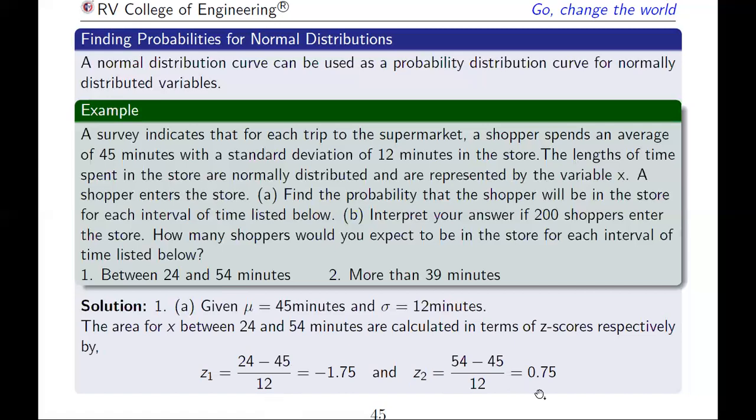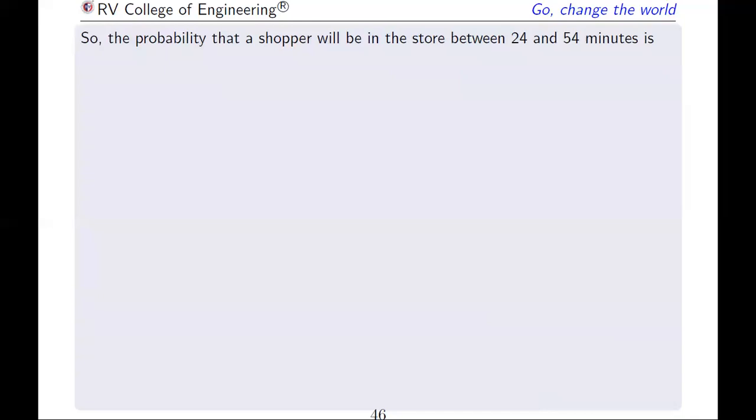So therefore, the probability of a shopper staying in the store between 24 and 54 minutes is given by probability of x lying between 24 and 54, that is considered in terms of z.